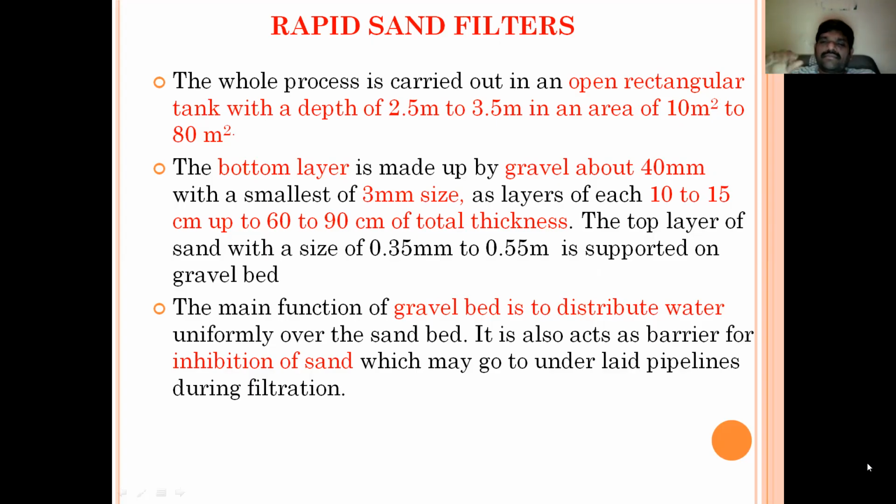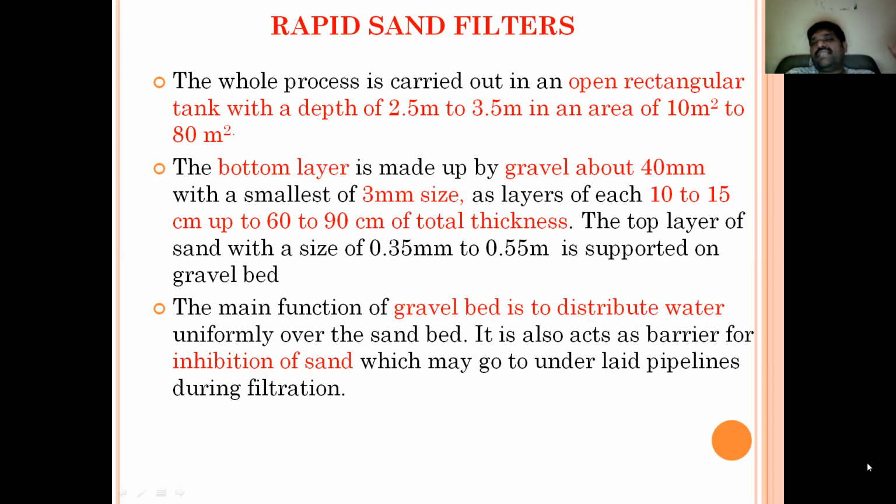Understand? In the second point, we discussed how we can construct it. The top layer is sand whose granule size is 0.35 mm to 0.5 mm, followed by a gravel bed with granules of 40 mm to 3 mm size.